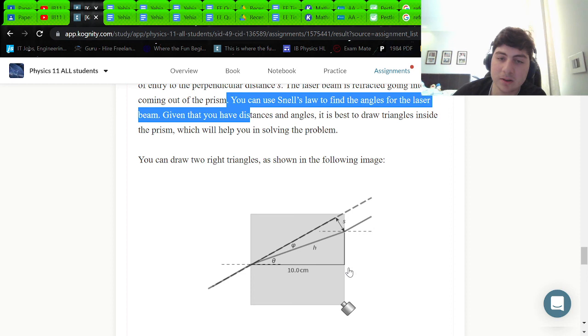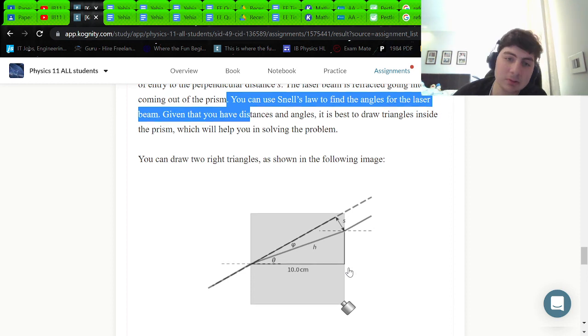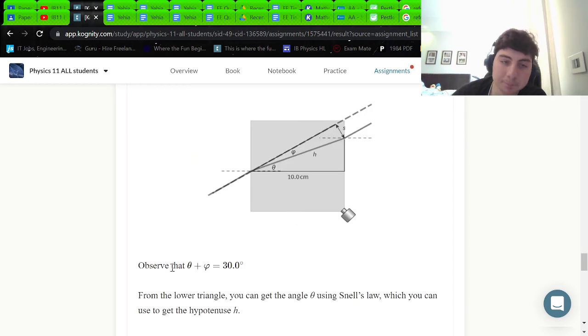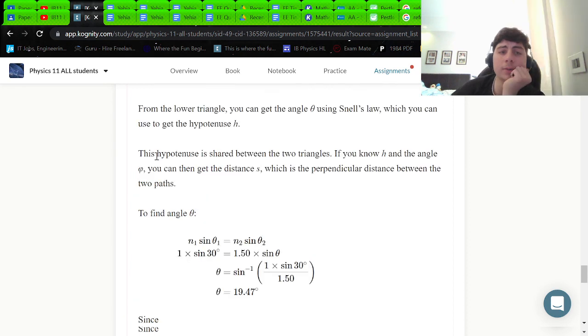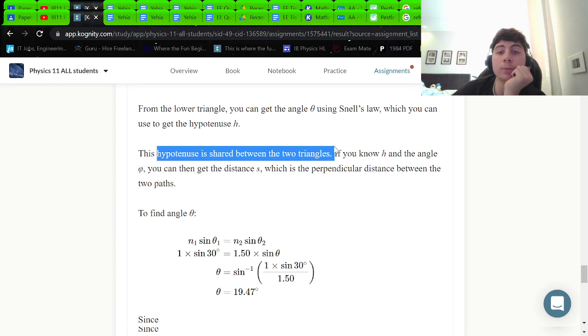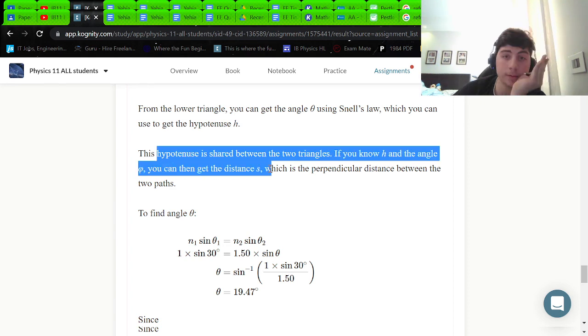Oh my god, dude. No way. Oh. What is this symbol? For the lower triangle, you can use Snell's law, which you can get the hypotenuse, okay? Which is shared between two right angles, you know the h, and the angle, you can get the distance s, which is perpendicular distance between the two paths.